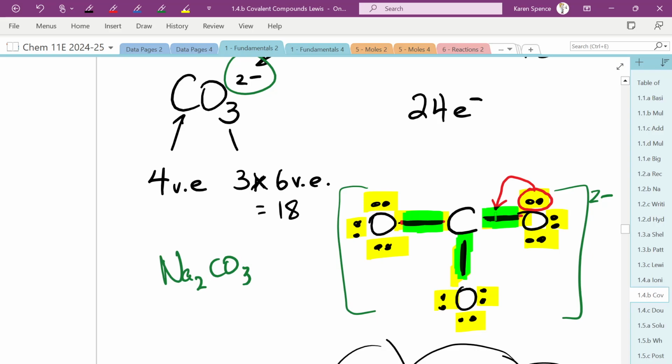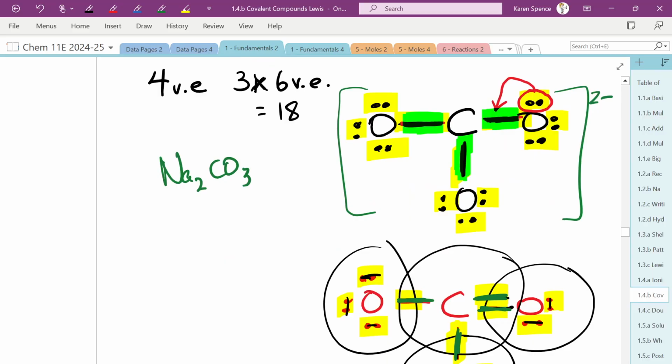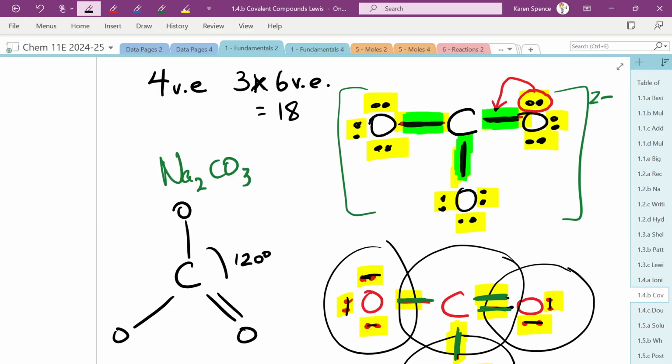And in order for those electrons to get as far from one another as possible, they form bond angles of how much? 120 degrees, right? 120 plus 120 plus 120 gives you 360, which is a circle.